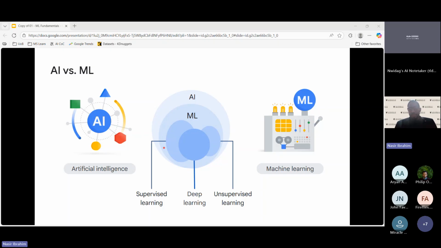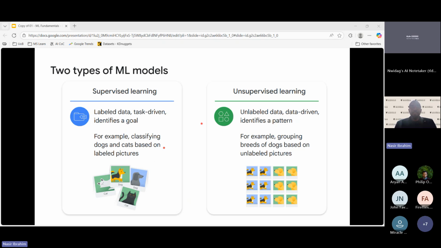But before that, let's see an exploration of what supervised learning is and what unsupervised learning is. Like I said, there are two main types of machine learning, supervised learning and unsupervised learning. Let's take supervised learning. What is supervised learning and what does it do?